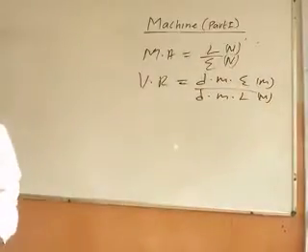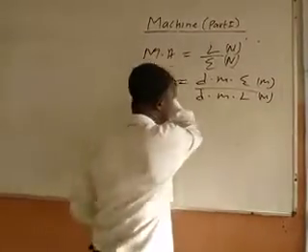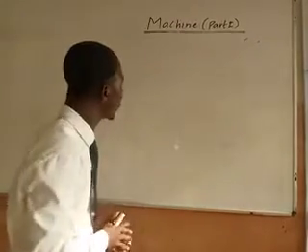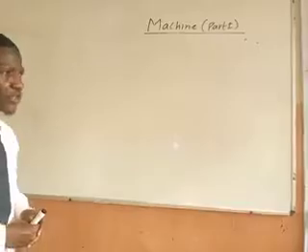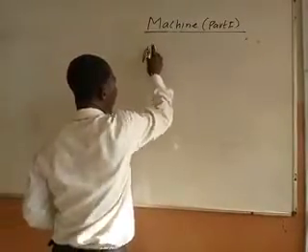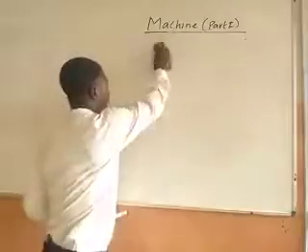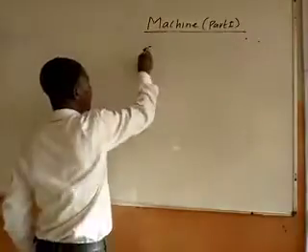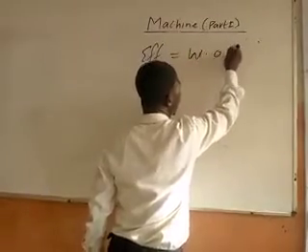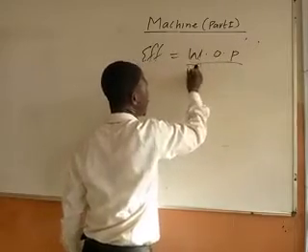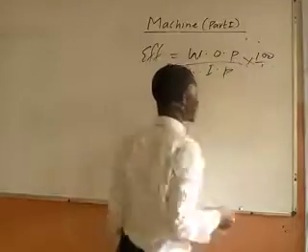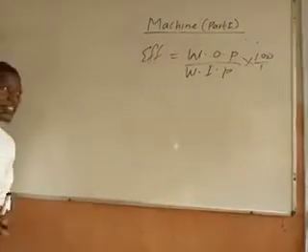Now the next one is efficiency of machine. Efficiency of machine is the ratio of work output to work input. Therefore, we have efficiency of machine is equal to work output over work input multiplied by 100 over 1, because efficiency is always in percentage.